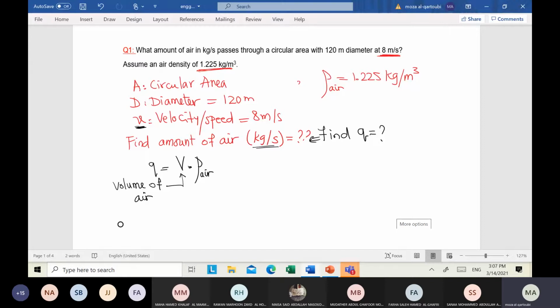We need the volume of air passing through a circular area every second, because the area given here is circular, okay? This is the note for Q, but we should start by finding the volume first.